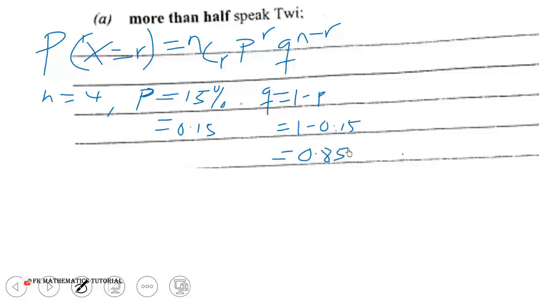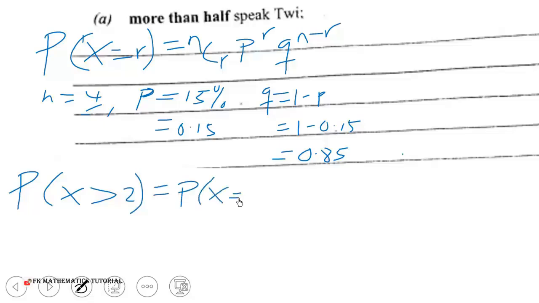So probability of more than half speak Twi when 4 people are chosen. So we are going to get probability of x is greater than 2. So that will be equal to probability of x is equal to 3, or probability of x is equal to 4.